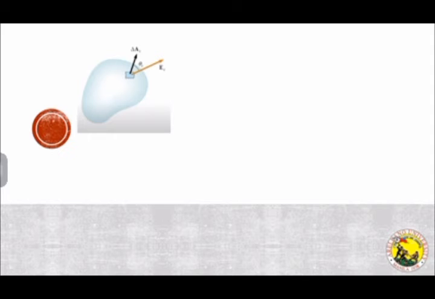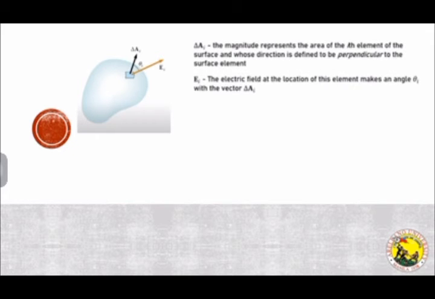It is convenient to define a vector delta A sub i whose magnitude represents the area of an element of the surface and whose direction is defined to be perpendicular to the surface element, as shown in the figure. And the electric field E sub i at the location of this element makes an angle theta sub i with the vector delta A sub i.